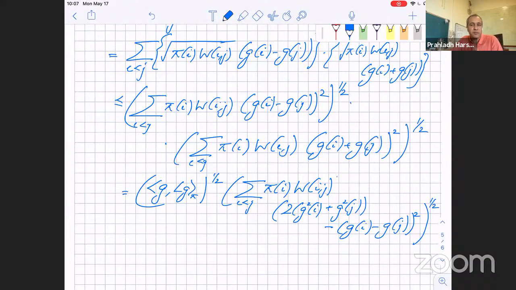I have just written a plus b square as 2 times a square plus b square minus a minus b square. Once again, so this is gLg pi to the half.